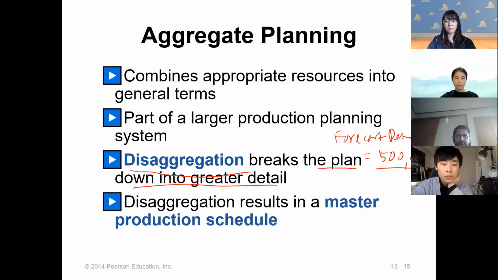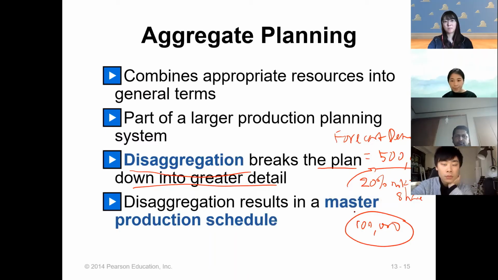Then our company, we have 20% market share, for example. So 20% market share is around 100,000, correct? So Proton Saga, for example, Proton, we can sell 100,000.